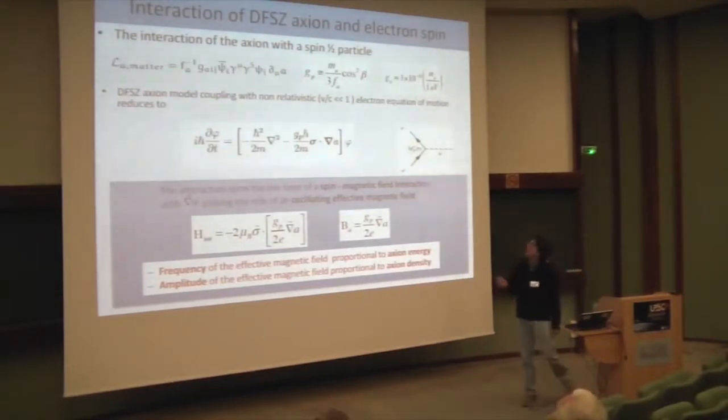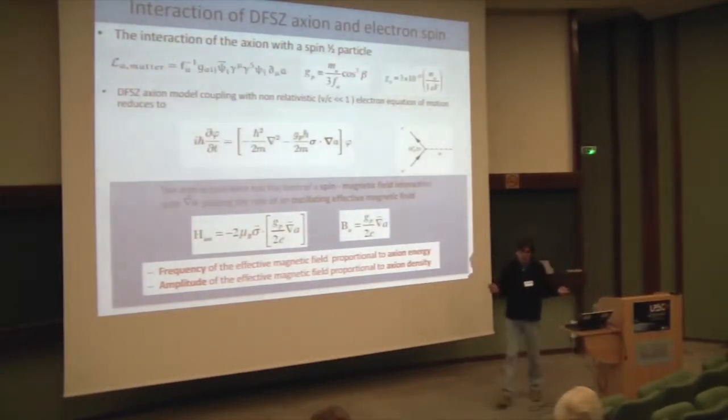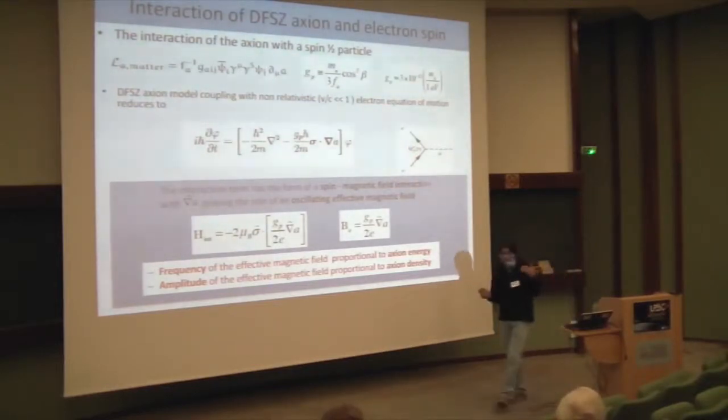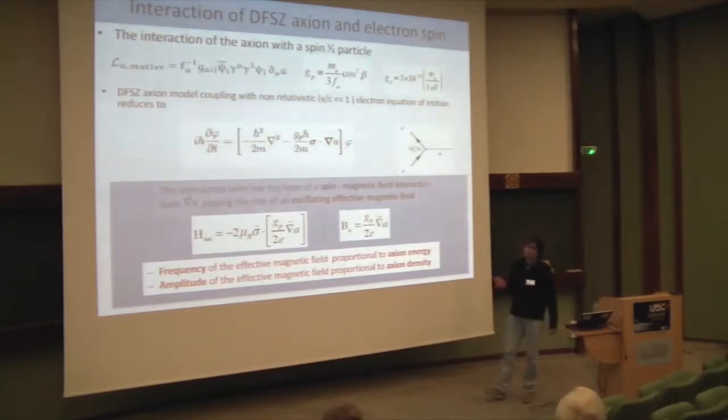Unfortunately, this is present only in one class of axion models, which is the DFSZ. The other big class of axion models, KSVZ, the axion doesn't couple to fermions at tree level, but it does, though strongly suppressed. The coupling is about a factor of 1,000 smaller.